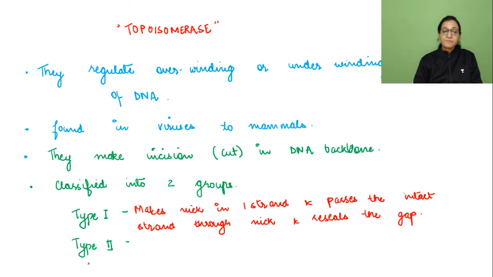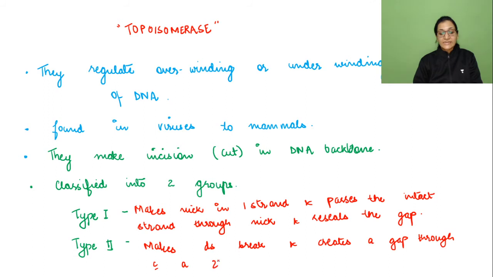This is about type 1. Now talking about type 2: it makes a double-stranded break and creates a gap through which a second segment of the helix is passed. This is about our topoisomerase.